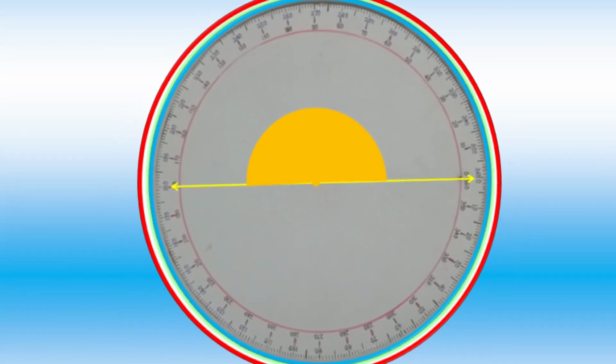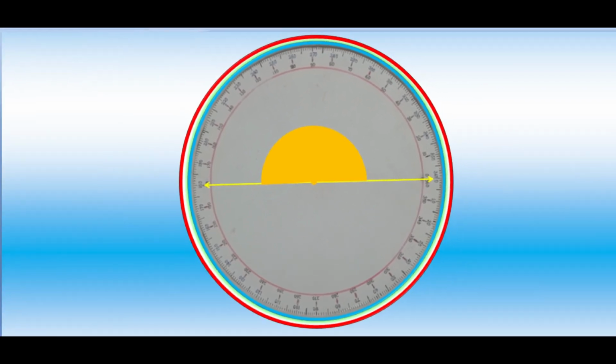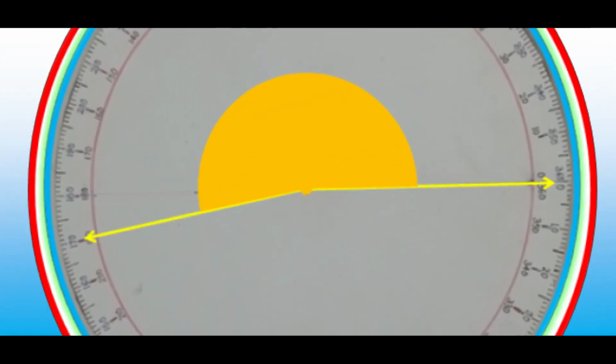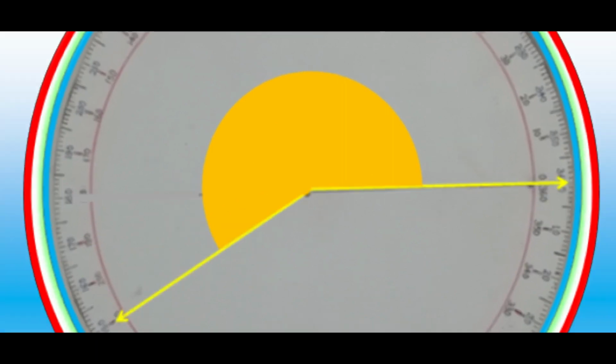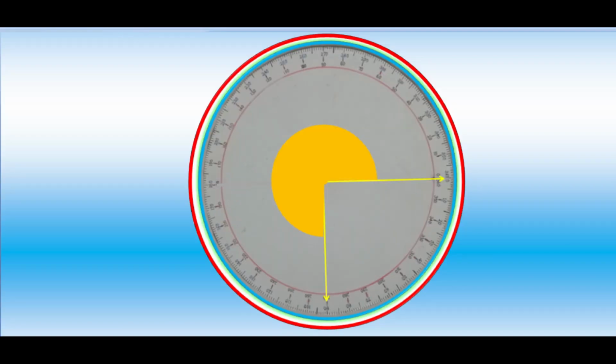As the second arm rotates further, the angle increases through values 181 degrees, 182 degrees, 185 degrees, 190 degrees, 200 degrees, 210 degrees, 220 degrees, and so on, and becomes 270 degrees when the second arm directs downwards.